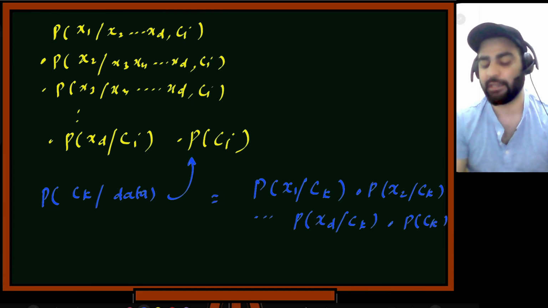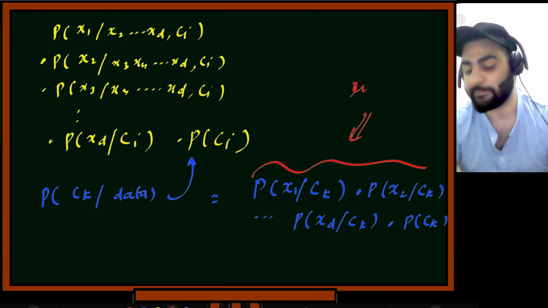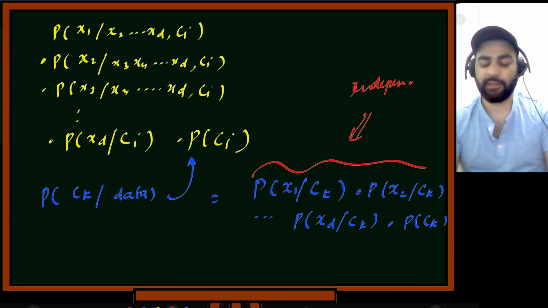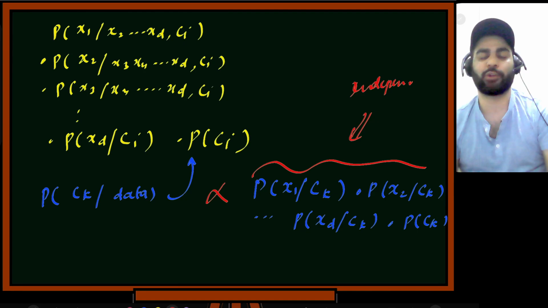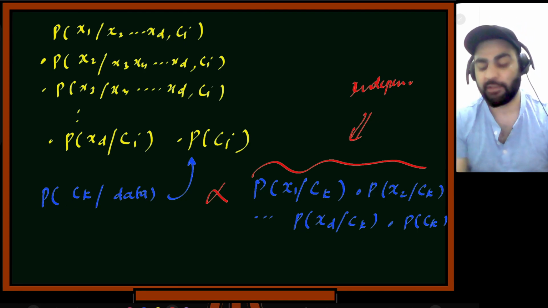I can do this because I made an assumption of independence. Is it clear? This is basically proportionality, not exactly equality, but we have to take the argmax, and the argmax of this will be the argmax of that.